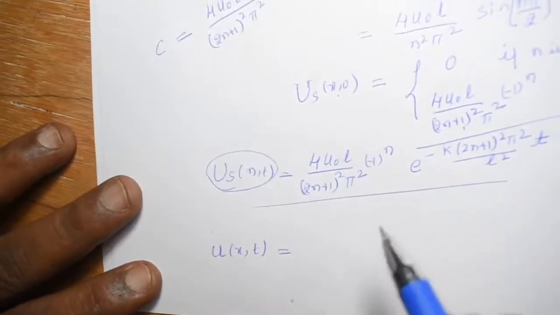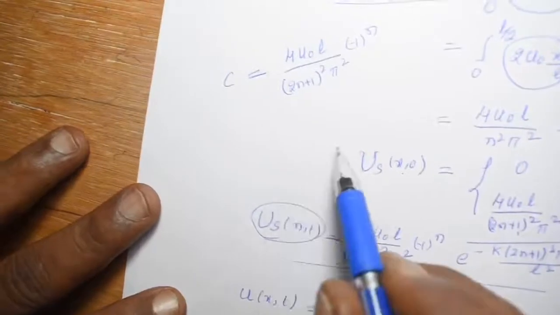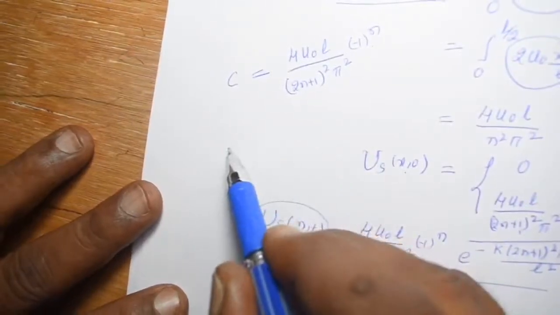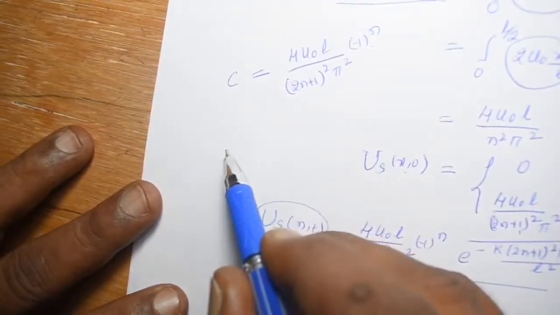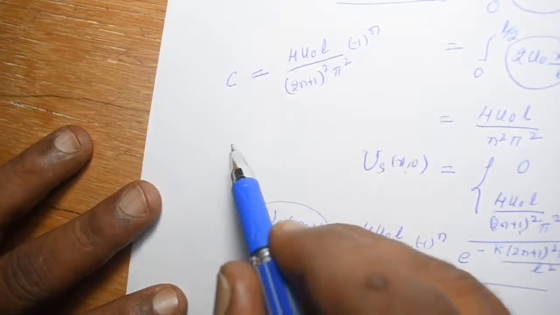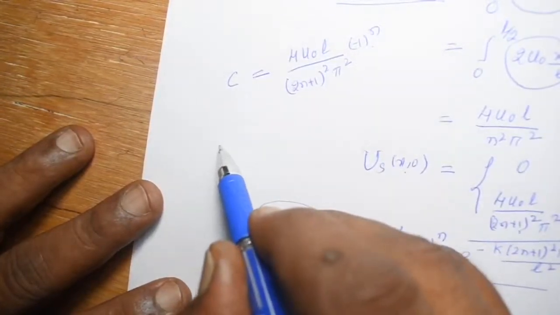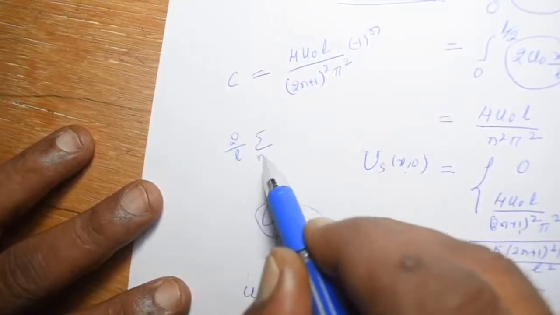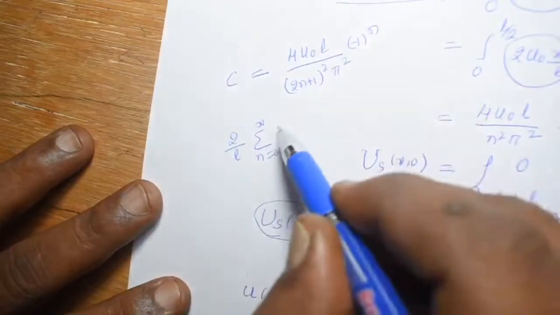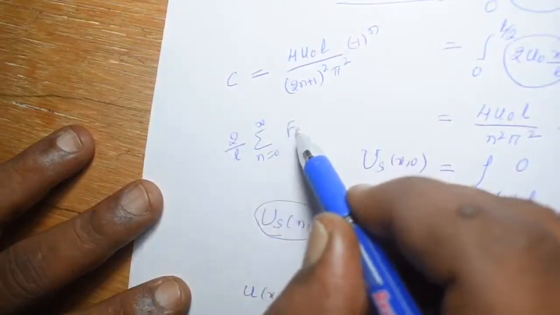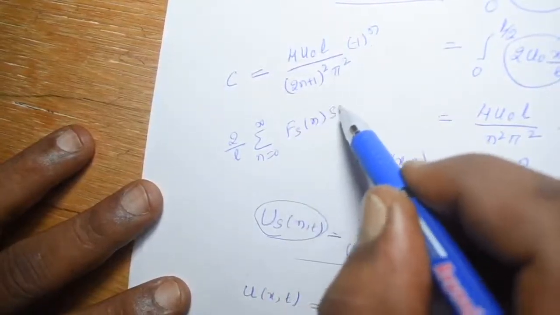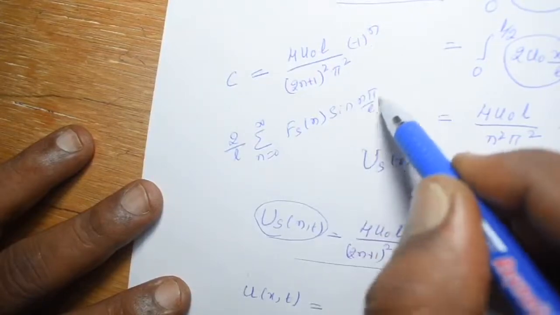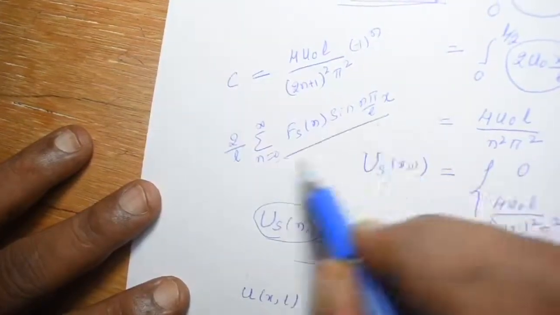You know how to write the inverse transformation for the finite Fourier transformation: 2 by L into summation n is equal to 0 to infinity of the function f_s of n into sin (n pi by L) into x. This is the known thing.